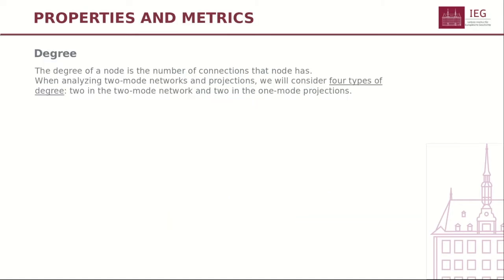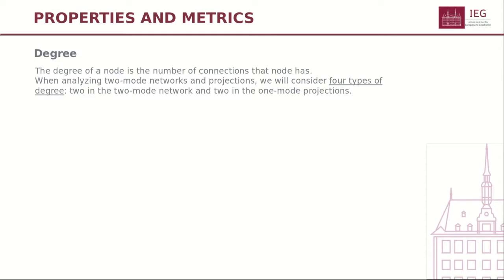Okay, when we move forward to properties of 2-mode networks and the projections, we have to talk about degree first, of course. Degree and degree distributions are going to be the properties on which we will focus today, right? And the reason for that is because we are talking about 2 sets of nodes and different types of projections.